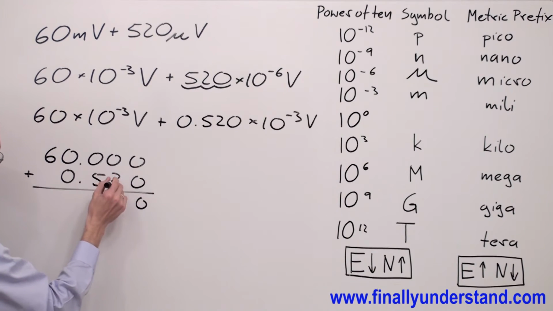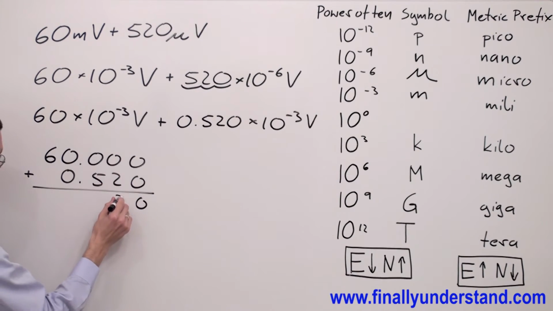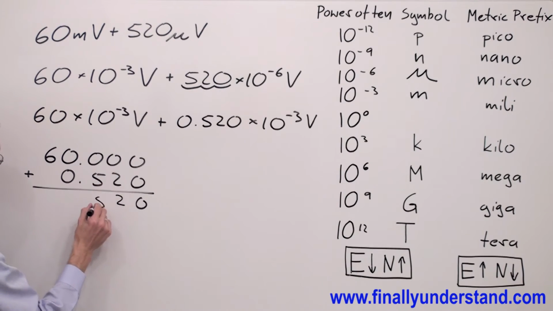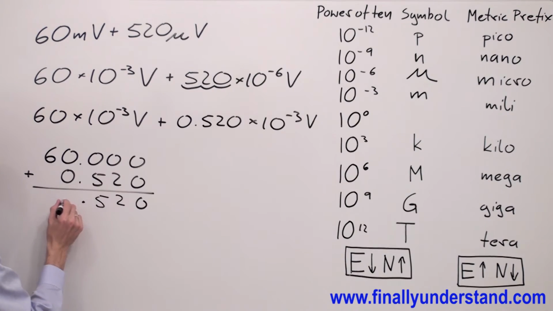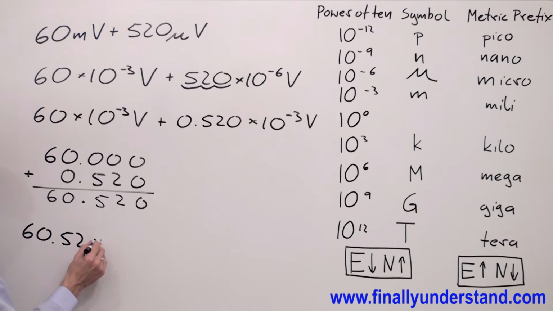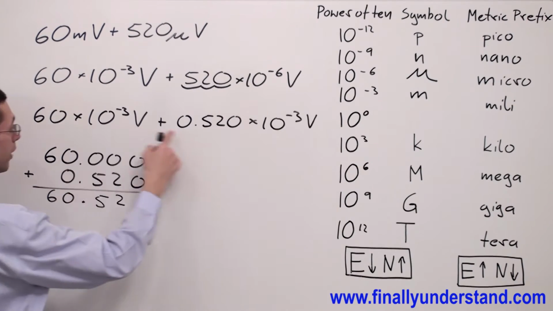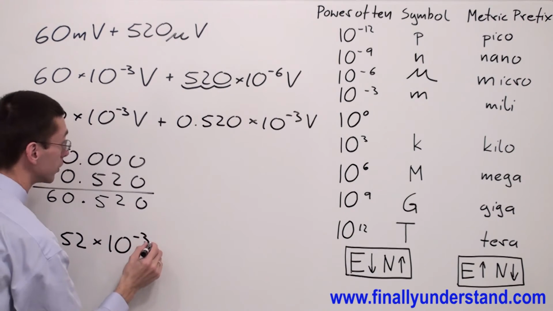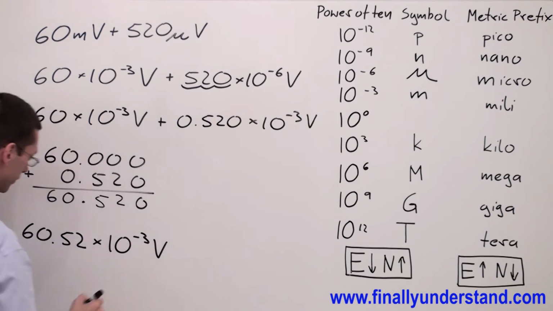And I have 0 plus 2 is 2. 0 plus 5 gives me 5. And I have decimal point. And I have 6. Next, I'm supposed to copy down 60.52 and common power of 10, which is equal 10 to negative 3 volts.